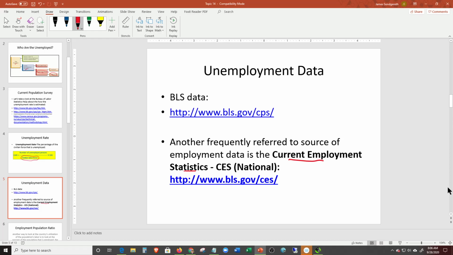I was looking for that statistic before I started this lecture, and I didn't have time enough to really track it down because it's not readily available. And that'll be important in a moment. But so there are two sources of employment data. Sometimes on the news, they're a little bit fuzzy about what source they're quoting from.